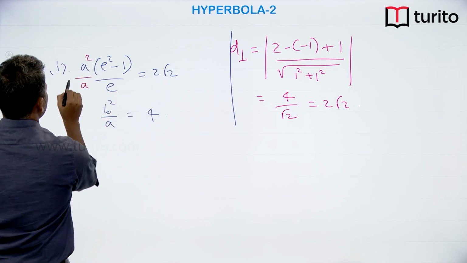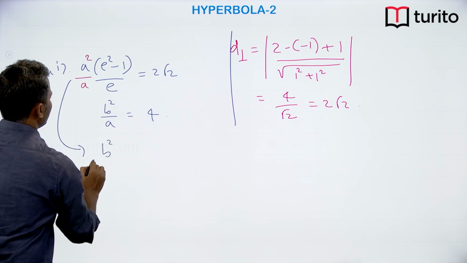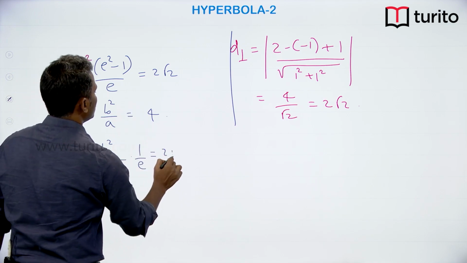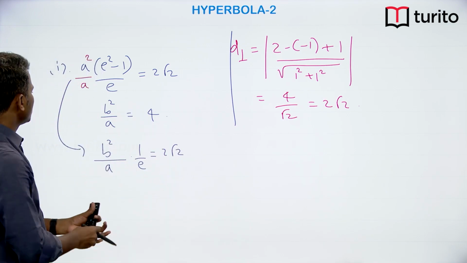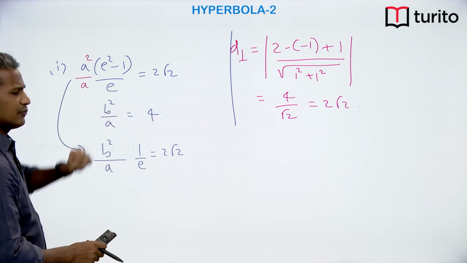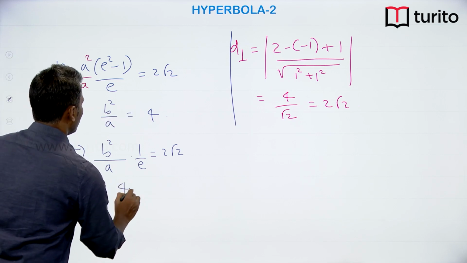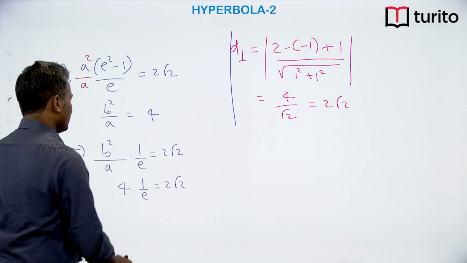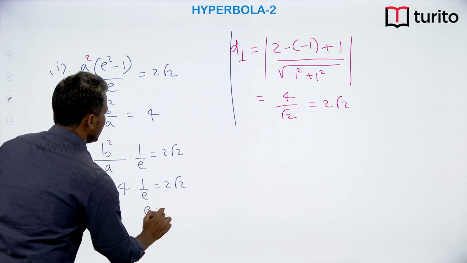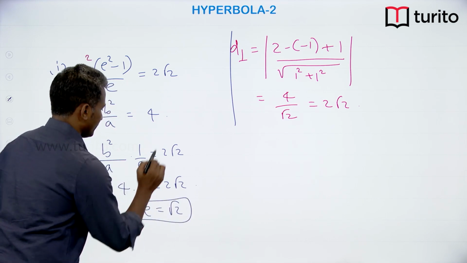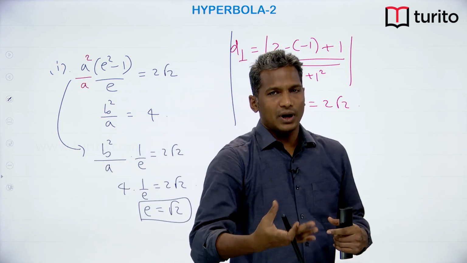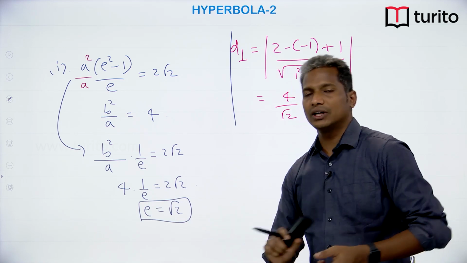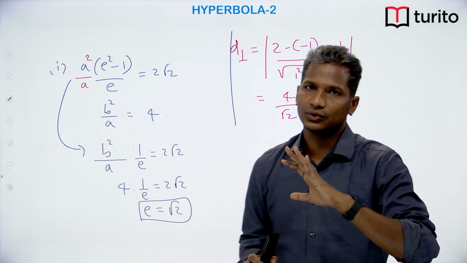So, basically this first equation becomes b square by a into 1 by e must be equal to 2 root 2, because b square by a is already given as 4. So, I can put 4 into 1 by e is equal to 2 root 2. So, this will get simplified to e being equal to root 2, which means if it is hyperbola, it must be rectangular hyperbola, because e must be equal to root 2.